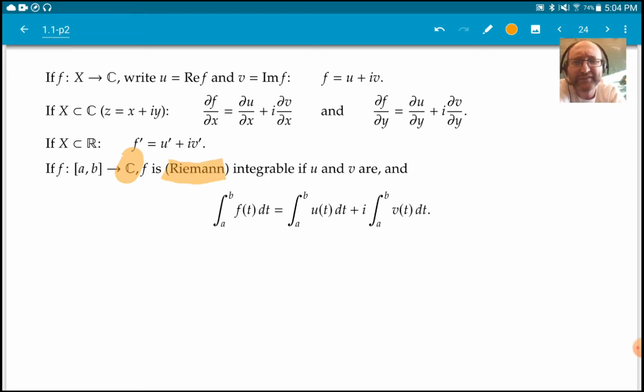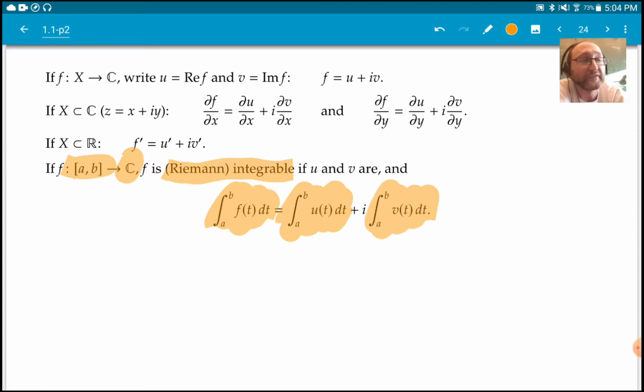In this class, we're going to talk about Riemann integrals. We're not going to have much use for the Lebesgue integral, although if you know it, everything that we do will be doable with Riemann integrals. If I want to integrate f from a to b, defined on some interval, I integrate the real part plus i times the integral of the imaginary part. That's the definition, and that's how you integrate in any vector space.